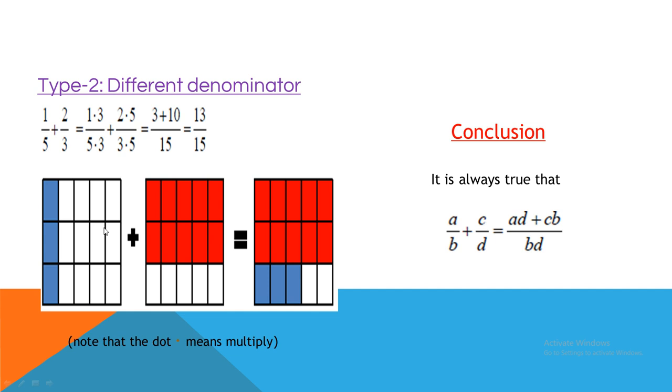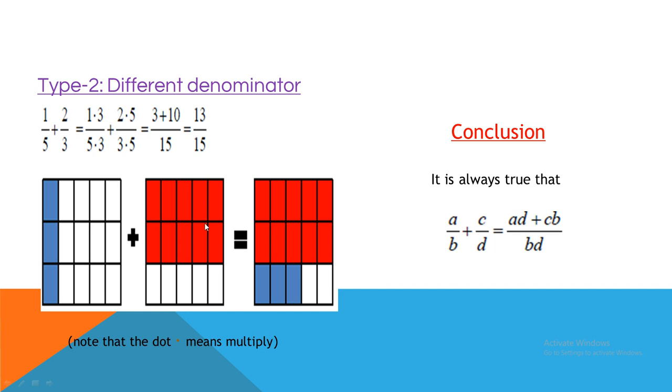So we'll take a grid of 3 cross 5 in which we have 3 rows, 1, 2, 3 rows and 5 columns. Okay, so we have a grid of 3 cross 5. We shade 3 boxes blue in color, and next we have to represent 2 by 3. 2 by 3 means 10 upon 15.